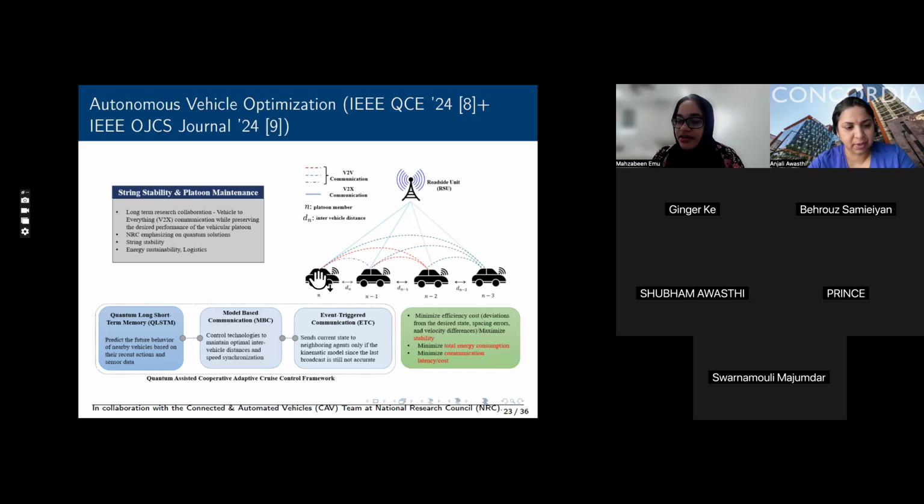Okay, so my last question is about the NRC team of automated and connected vehicles you mentioned. Could you throw some light on this? Where are they and what are they doing? Are there any pilots in Canada for such vehicles? And where is the funding? So the team that I have worked with, the team leader is Dr. Rahman, and the team is in London, Ontario.